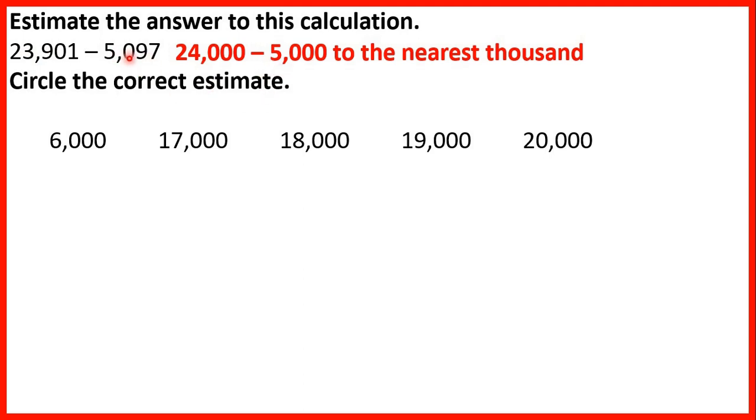Again, we look at our hundreds digit, and because that's a 0, we know that we're rounding down, so the 5 in our thousands stays the same. So 24 minus 5 is 19, so 24,000 minus 5,000 is 19,000. So that's the correct estimate.